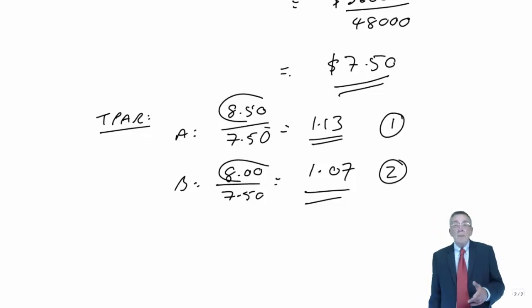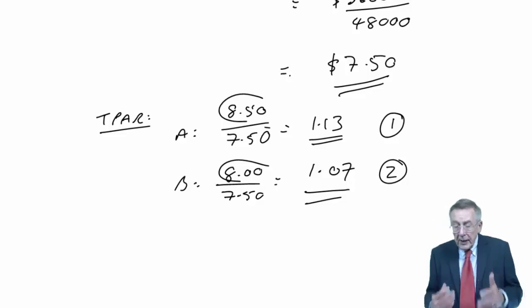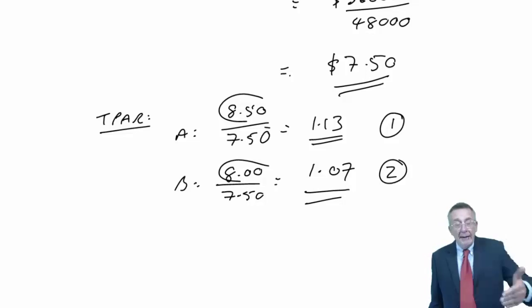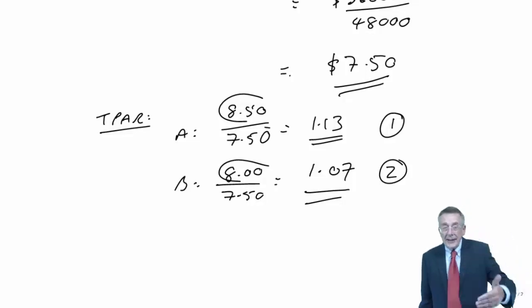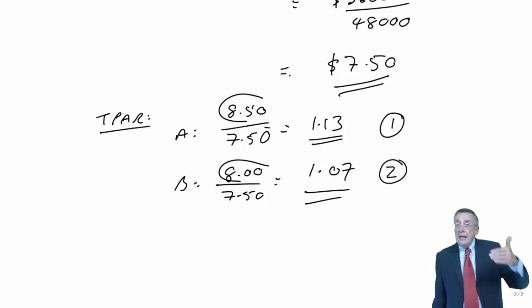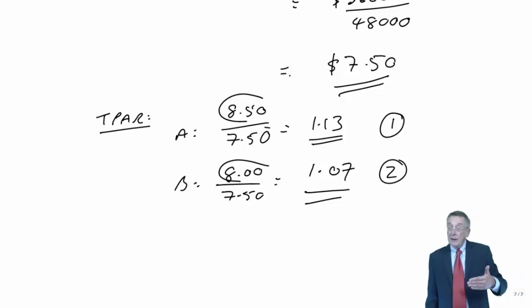Secondly, though, and somewhat more importantly, surely if we're going to be profitable, it's costing us $7.50 for every hour we work in the factory. And so we want to make sure each of our products is generating more than $7.50.